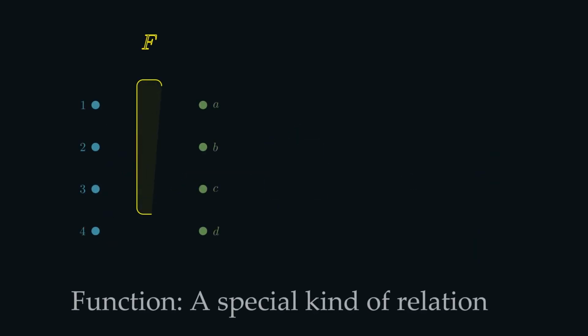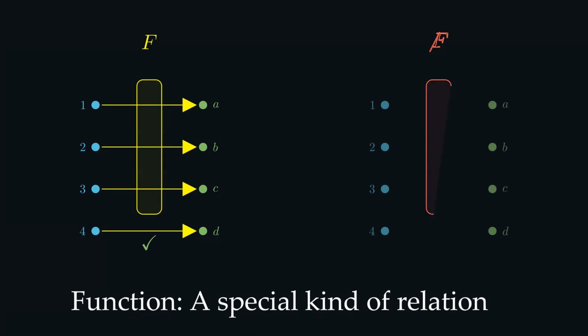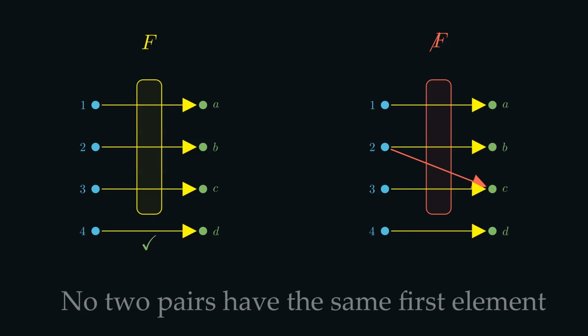A function is a special kind of relation. A function f is a set of ordered pairs x, y with one additional rule. No two pairs have the same first element.